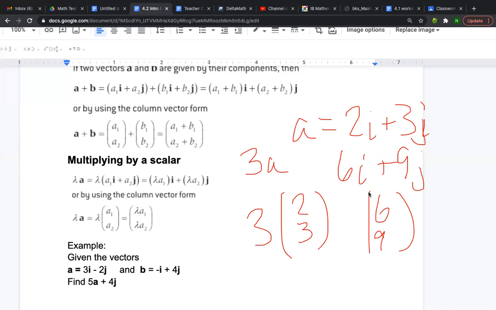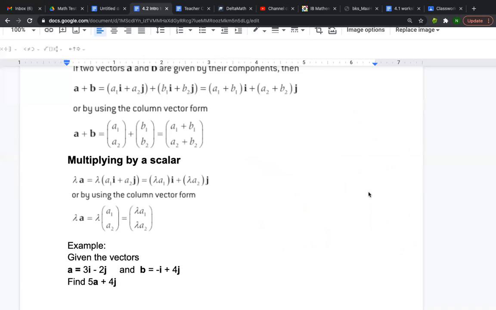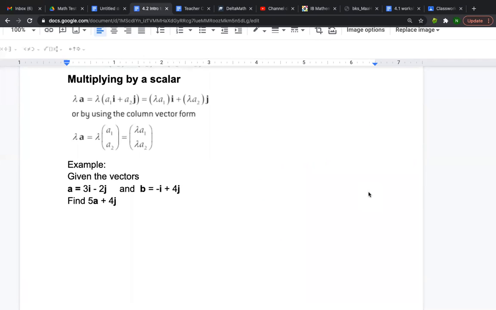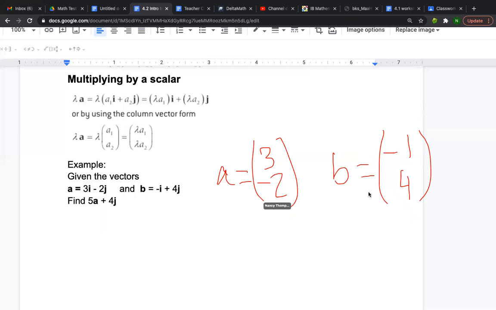So now let's combine those two skills by multiplying and adding, or multiplying and adding a negative vector. So here we have 5a plus 4b. The very first thing I'm going to do is convert to column form. So a is the same thing as (3, -2), and b is the same thing as (-1, 4). Now I'm going to multiply.